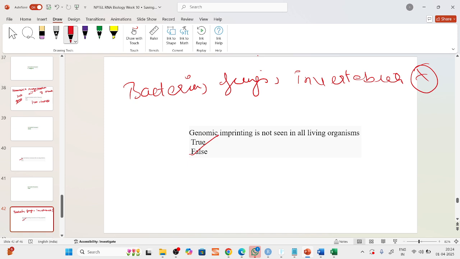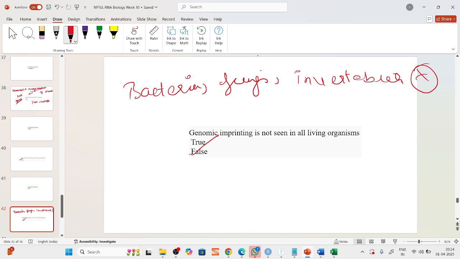And genome imprinting, as I told you, that alleles of one of the parent would be expressed. It is already known, it is already decided, it is imprinted that maternal alleles will be carried forward or paternal alleles will be carried forward. And this imprinting involves epigenetic modifications such as DNA methylation that leads to parent specific gene expression. Okay.